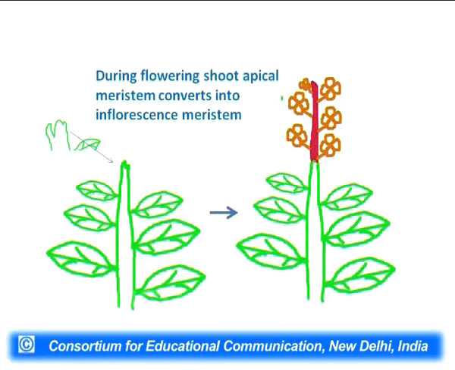Now, during flowering there is a developmental switch, and the shoot apical meristem converts into inflorescence meristem. So, the same shoot apical meristem which was giving rise to leaves will now give rise to flowers. Quite interestingly, this developmental switch is unidirectional. That means the inflorescence meristem will never convert back into shoot apical meristem.